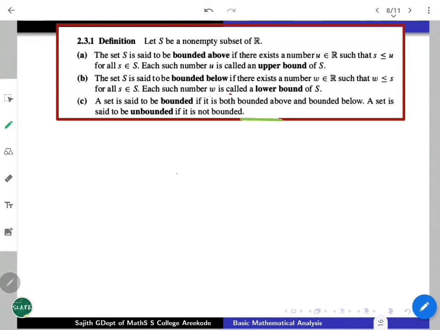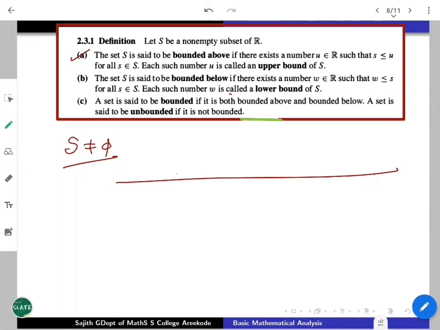So just look at the definition. I'm looking at a subset S, which is a non-empty subset of R. The first definition says, I'm going to say that S is a bounded above set if I get a real number u such that s is less than or equal to u for all s in S.